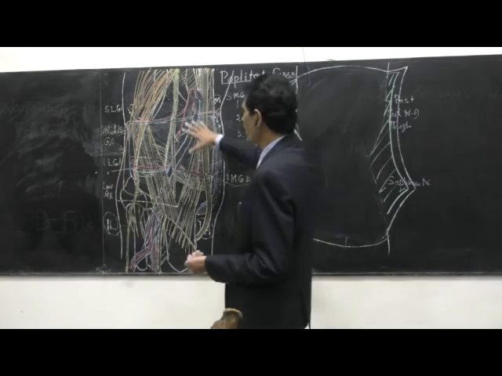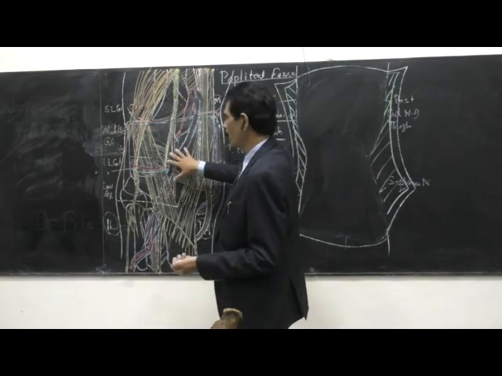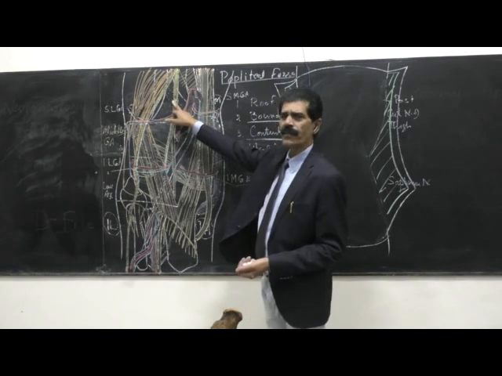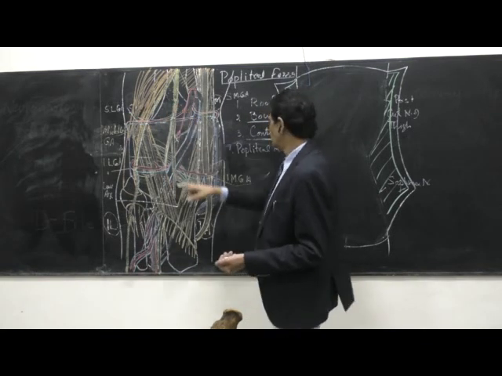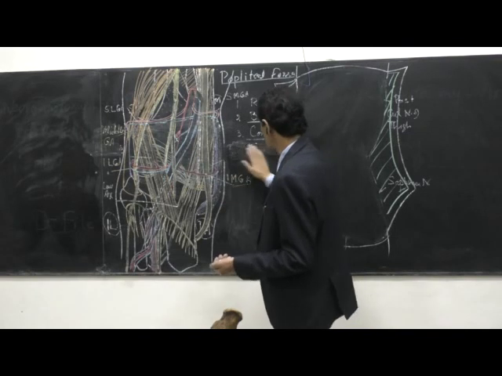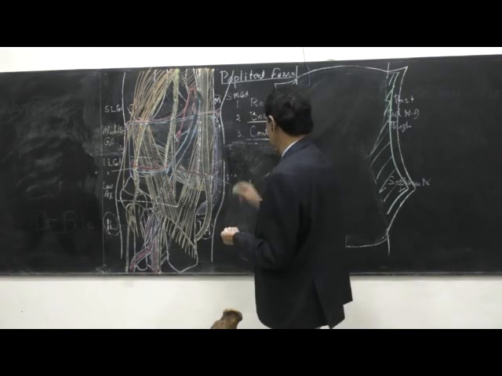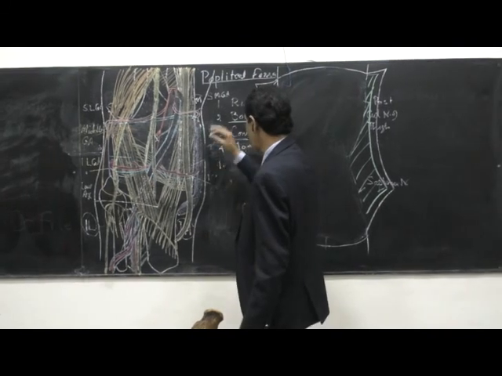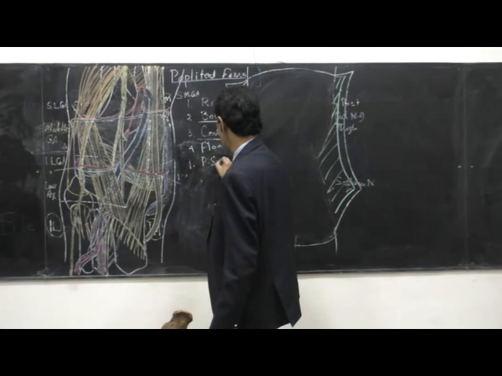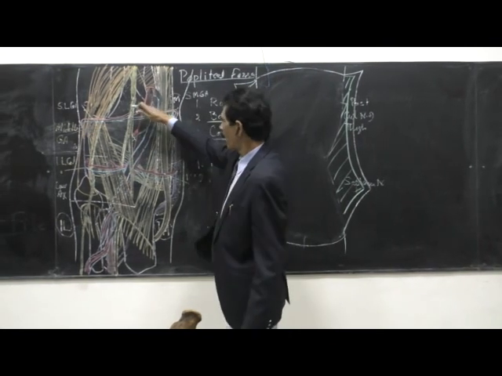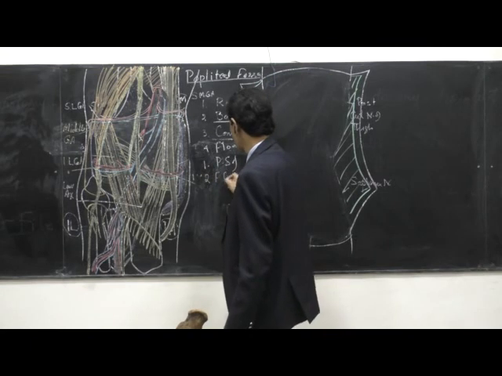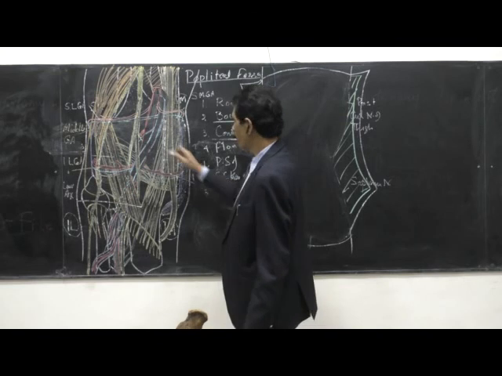If we see the floor of the popliteal fossa from above downward, number one, the floor is formed by the popliteal surface of the femur. After the popliteal surface, the second is formed by the fibrous capsule of the knee joint.